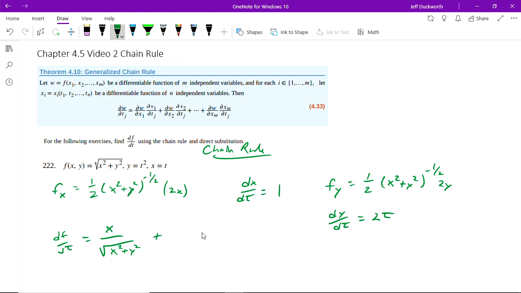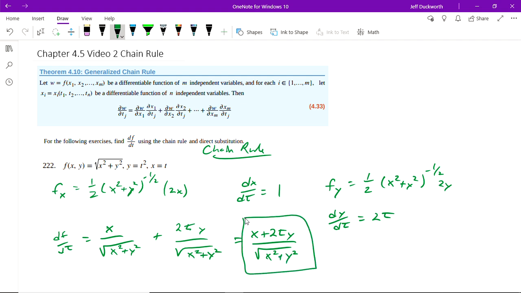And then this next one, the 2's cancel, we have another 2, so that's going to be 2ty over the same square root. And ultimately, this equals (x plus 2ty) over the square root. And this is the answer.